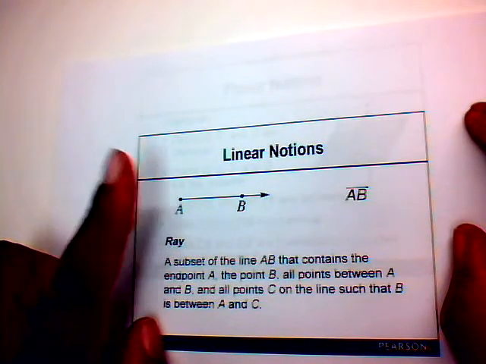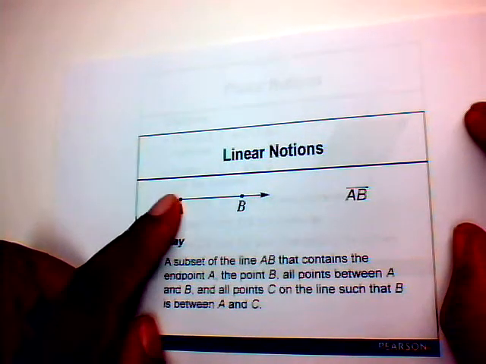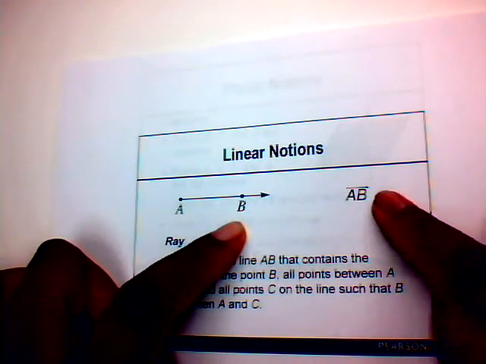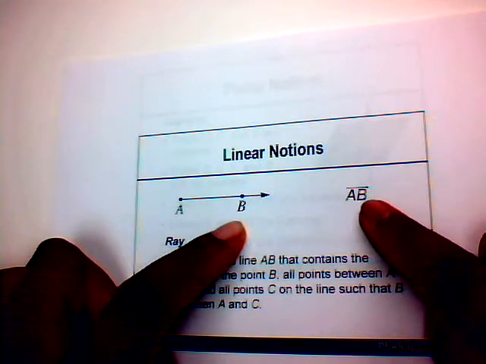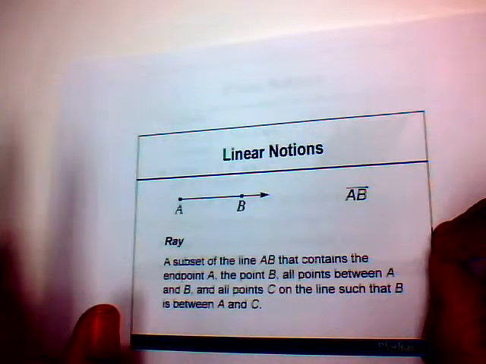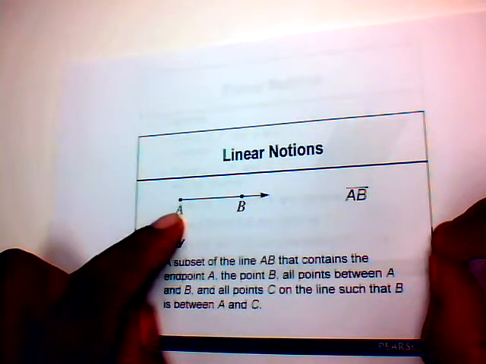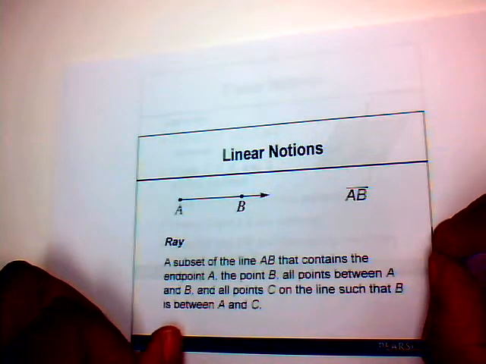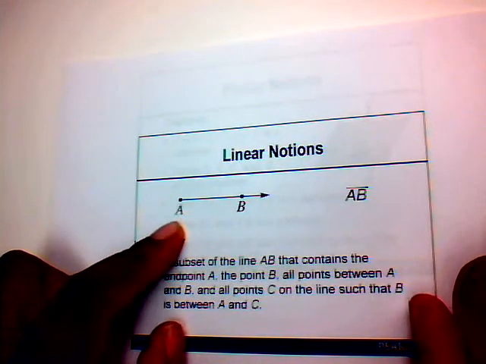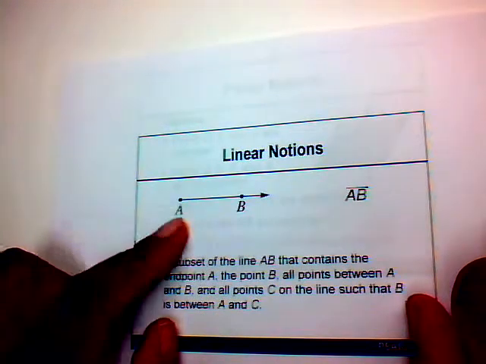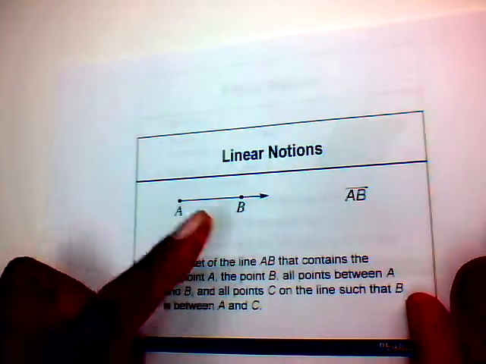And notice that we have to label this. Here the endpoint is A, and the point on that ray is B. We have to label this as ray AB and not ray BA. When we identify a ray, we start off with the endpoint and then a point on that line. The first letter is always the endpoint of that ray. So it's ray AB, not ray BA.